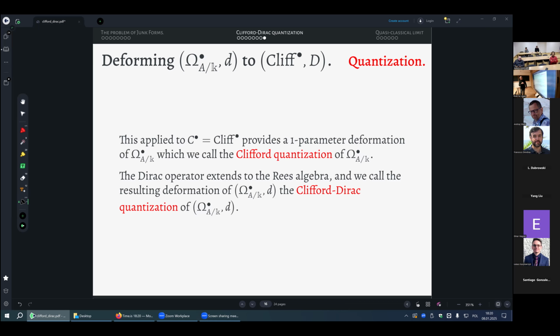After applying this operation of the Rees deformation to the Clifford algebra, we can extend the Dirac operator to this Rees algebra, obtaining some family of deformations of this complex. We call this resulting deformation the Clifford quantization, when we are interested in the relation between the Dirac operator and the de Rham differential.